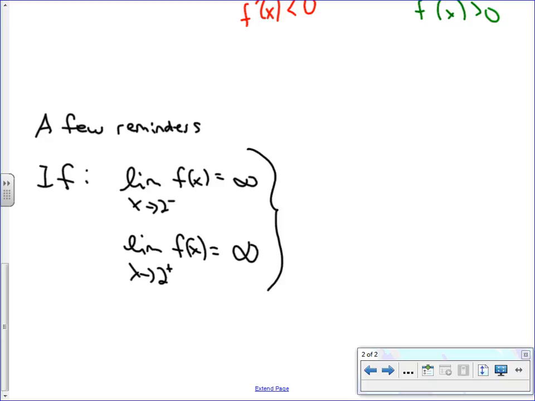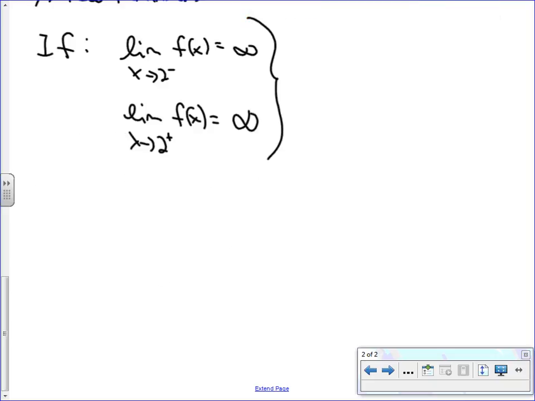Because you know that the limit from the left and the right of a specific value are infinity. What does that specifically say to you? What's happening in the graph? What kind of asymptote? There's a vertical asymptote. So I'll put an x and y axis this time. But there is a vertical asymptote at 2. We absolutely know that. Okay?